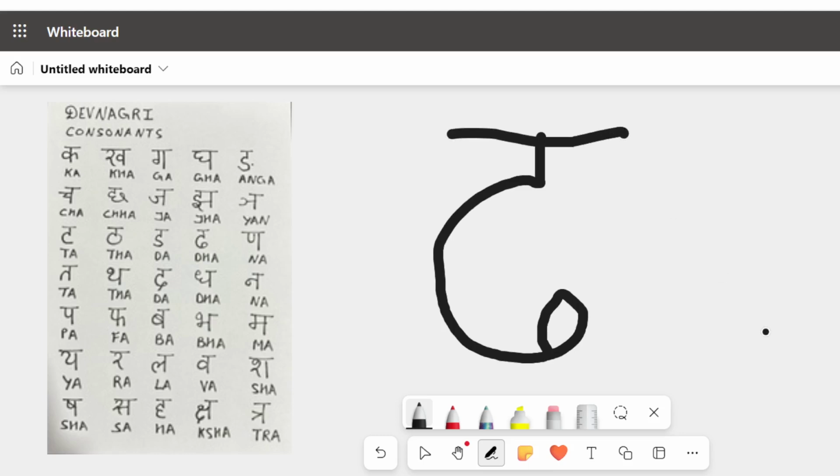This is Dha. Retroflex aspirated D sound. So the previous one was Da, and this is aspirated Dha. Let's go to the next one.